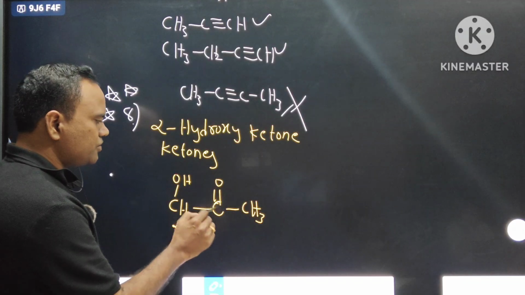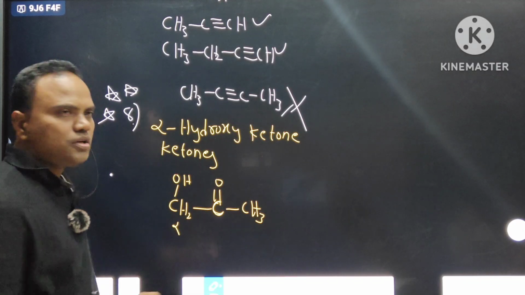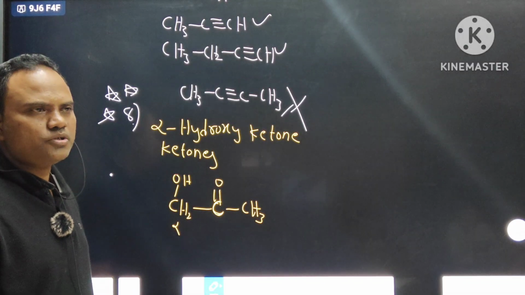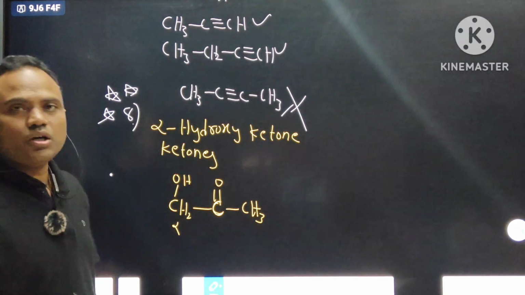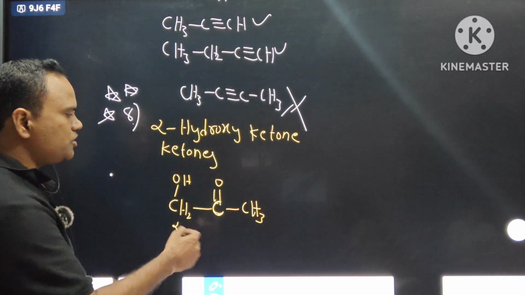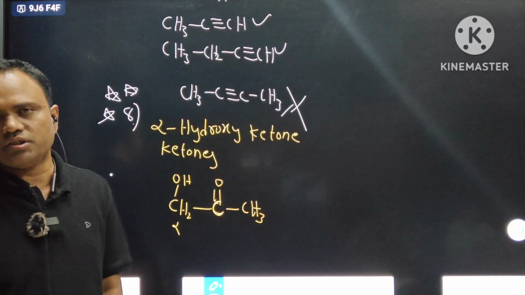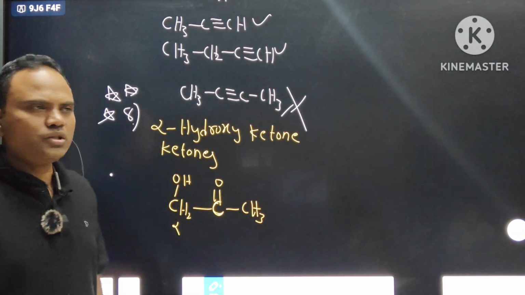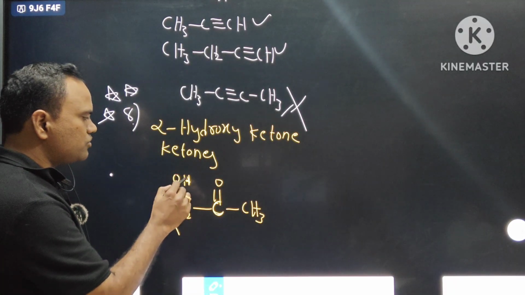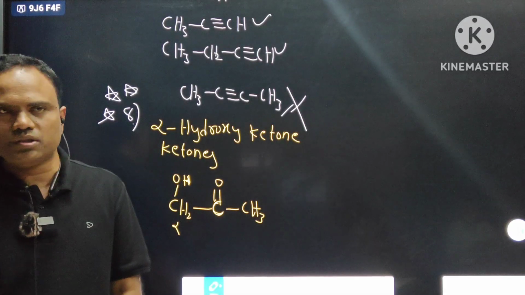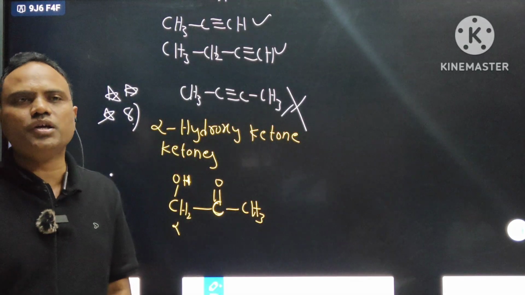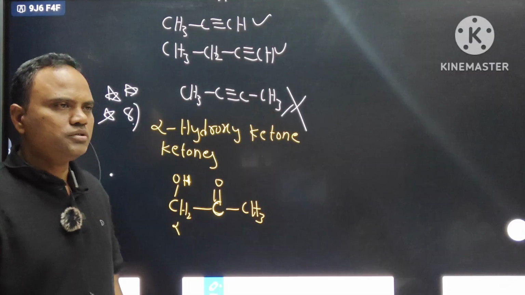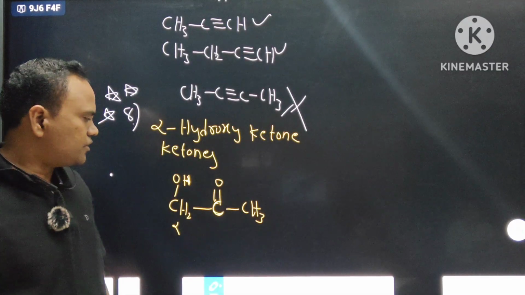So in the basic medium, it will undergo keto-enol tautomerism and convert to the enolate ion, which is a reactive species towards the Tollens test. That's why I gave this example.